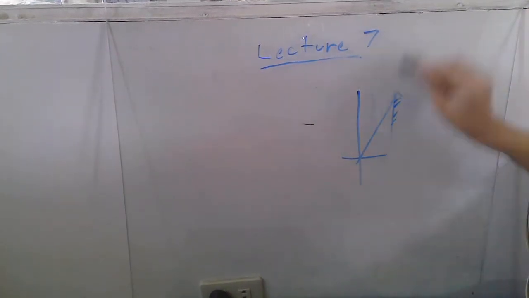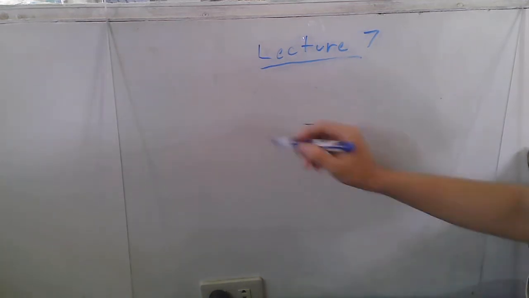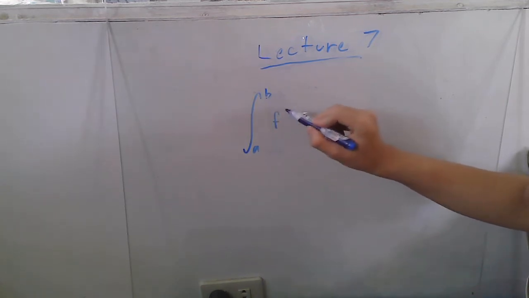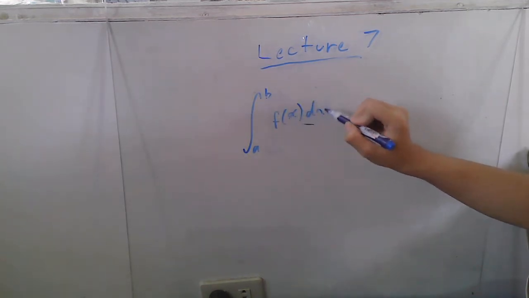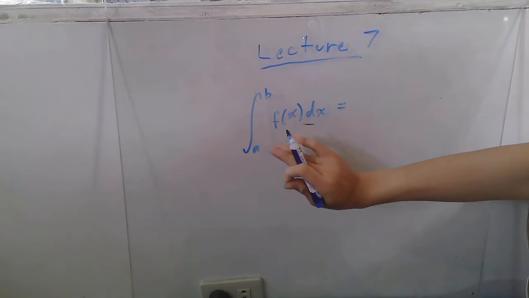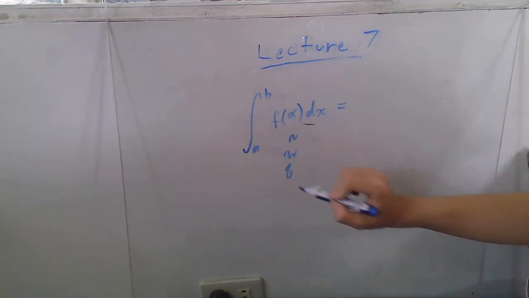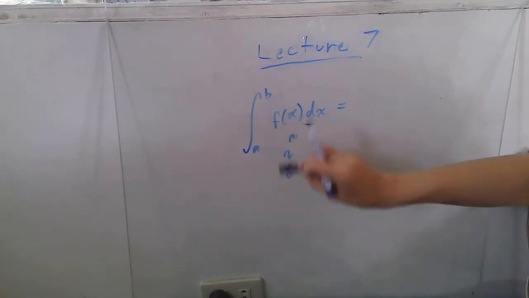It's very simple actually. We know that the fundamental theorem of calculus states that the integral from a to b of the function f of x dx, where x can be replaced with any variable. It can be v, it can be w, it really can be anything.